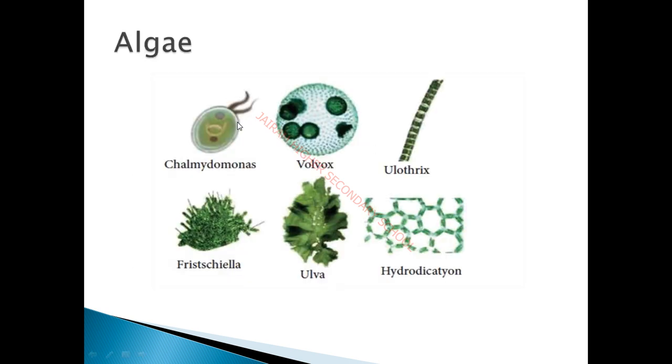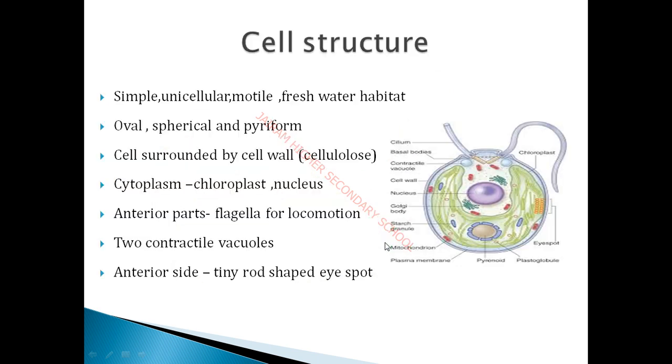You can see from the picture the various shapes of algae: the unicellular Chlamydomonas, Volvox, Ulothrix, Fritschiella, Ulva, Hydrodictyon. So these are the various shapes of algae.